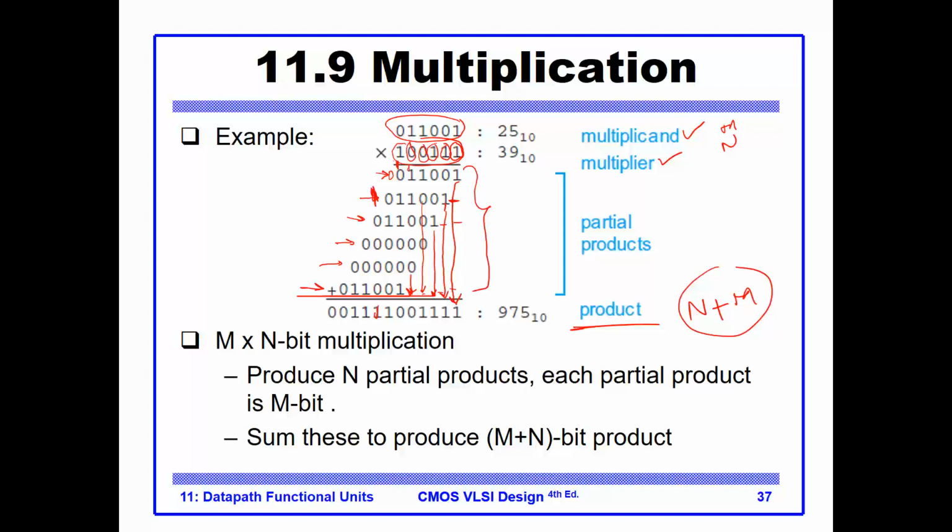But in reality, the multiplier and multiplicand will both be n bits, the same size. It is highly unlikely to have them different. So if both are n bits, the product will be of size 2n, because multiplication grows the number of bits of the result.